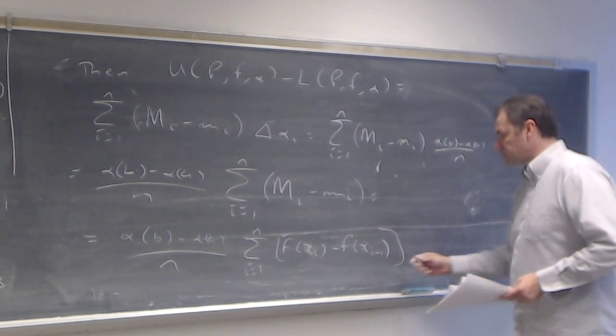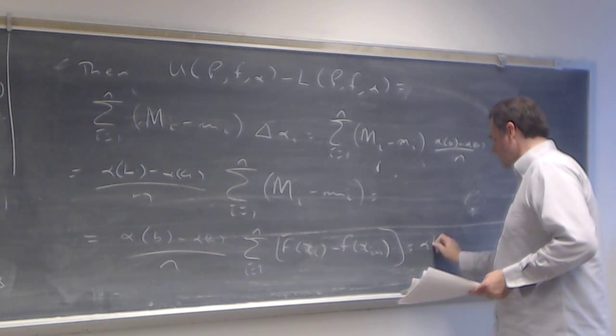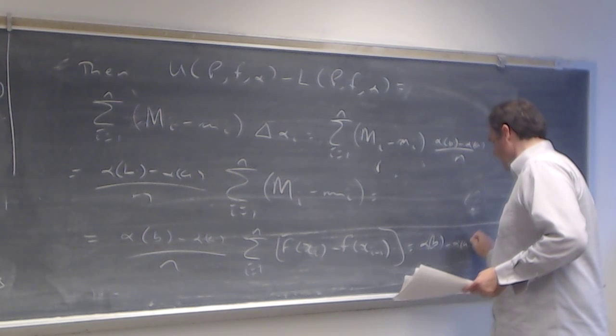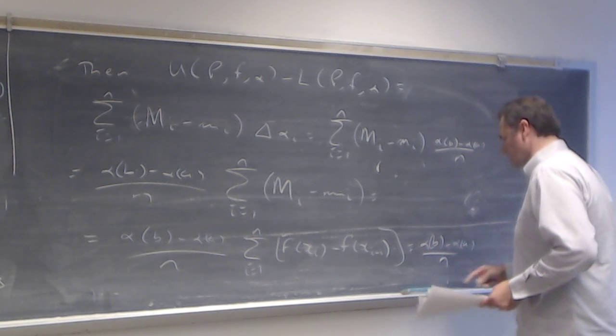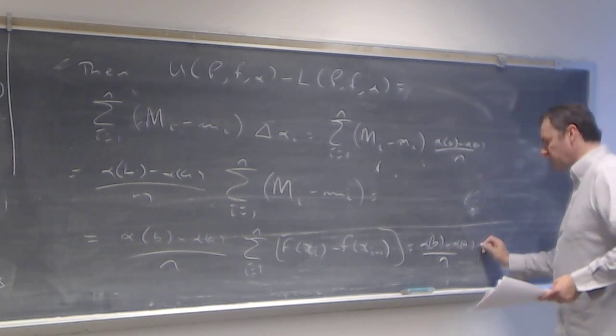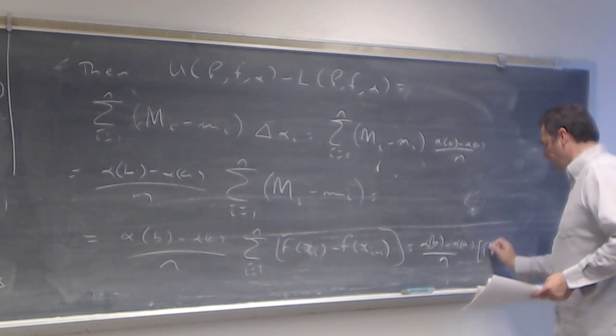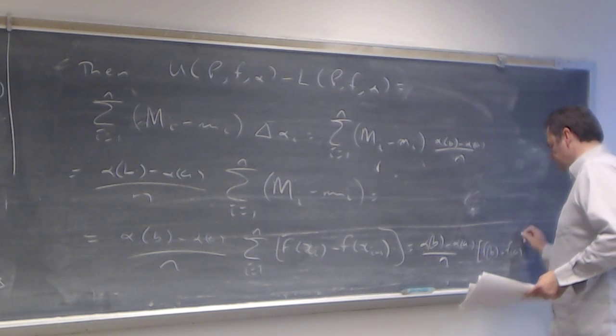And then a lot of this will cancel out, and we're left with alpha sub b minus alpha sub a all over n, no matter what n we pick. And then this will be times f of b minus f of a.